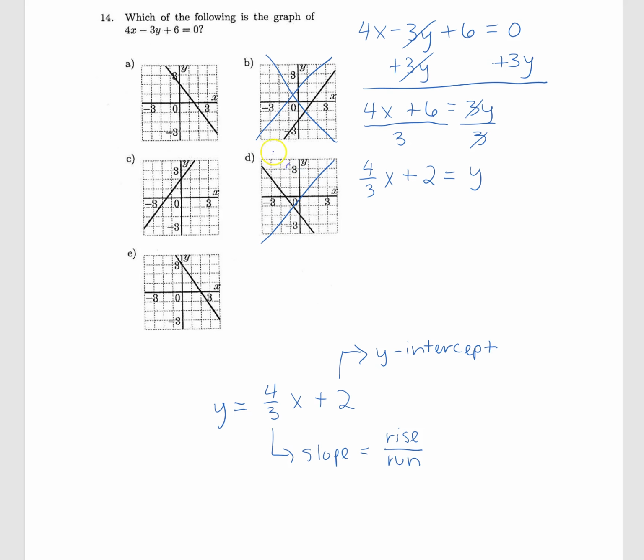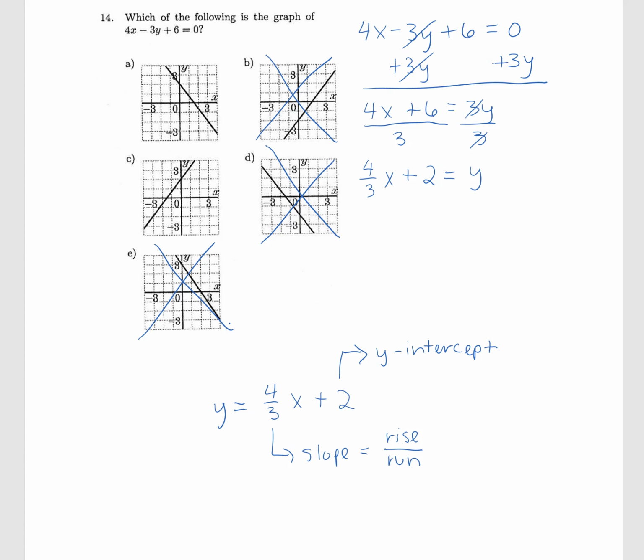D is also crossing at negative 2. And E is crossing at positive 3, so that's not the right y-intercept either.